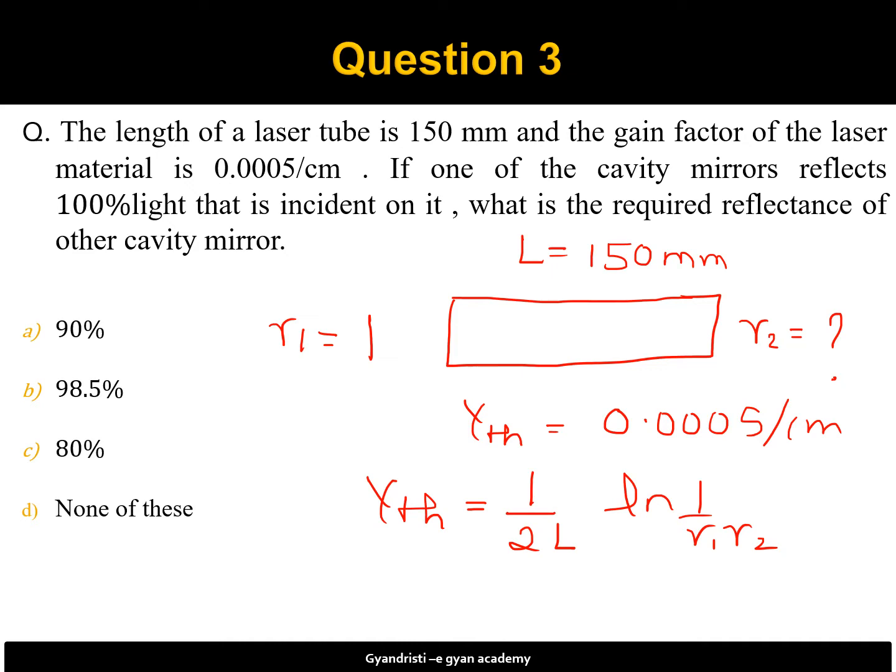R1 is also given, 1. The only quantity that is unknown is R2. So after substituting these values and calculating for R2, we will get R2 is equal to 0.985. So the correct option is 98.5%. So option number B is correct.